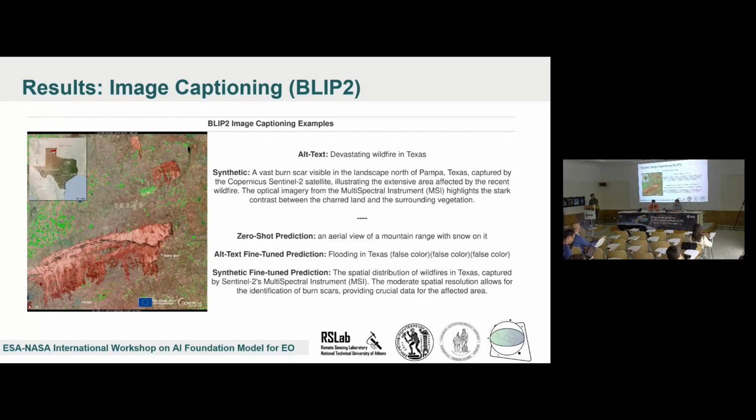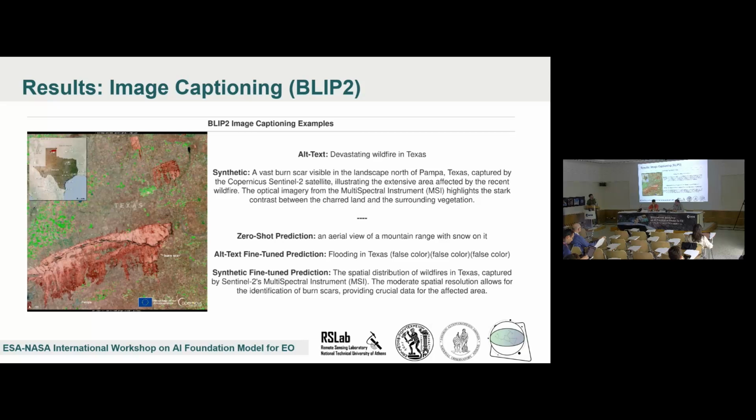So, two quick examples from our BLIP2 fine-tuned model. I won't bother you with any tables with metrics. You can see them in the paper, which I will share on the last slide.